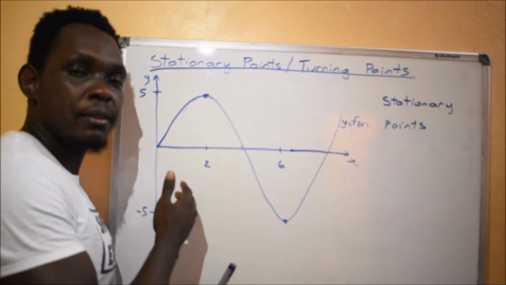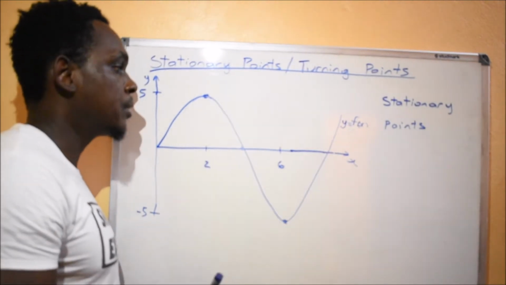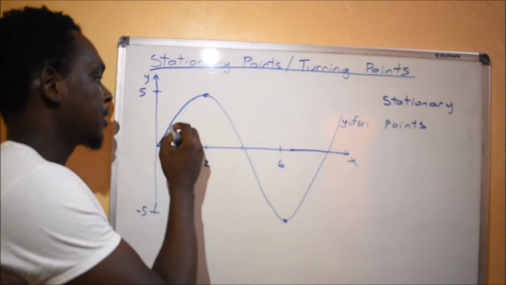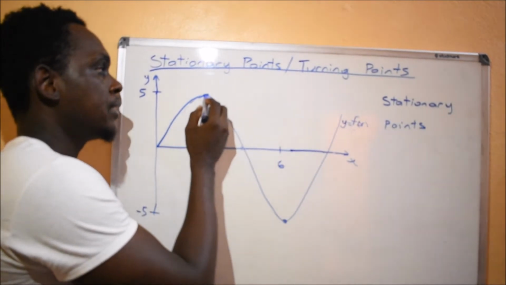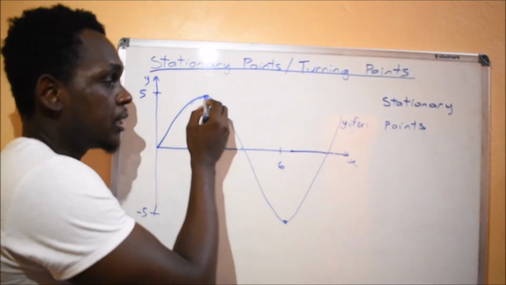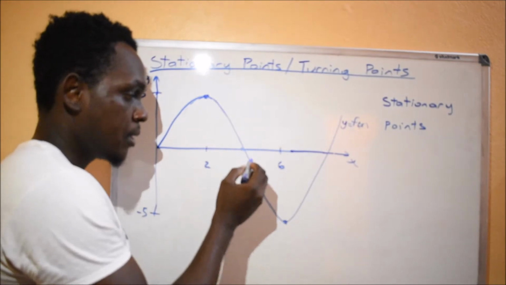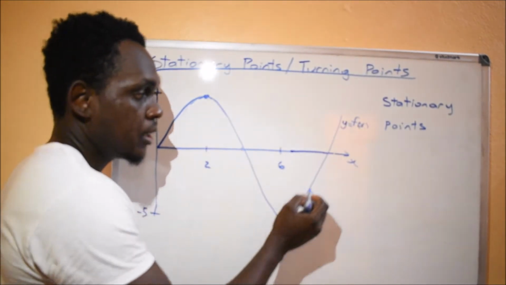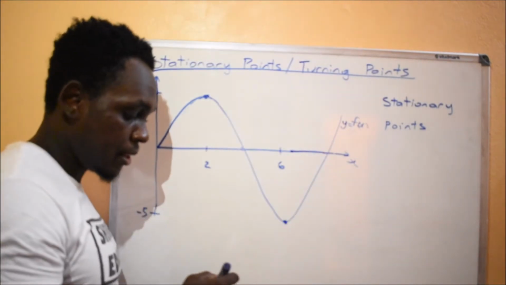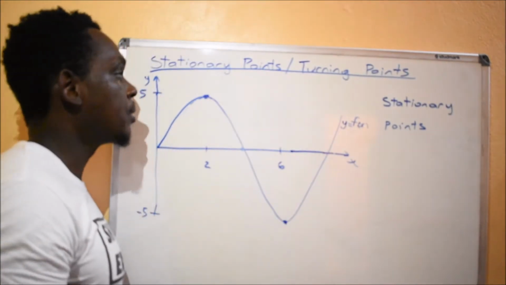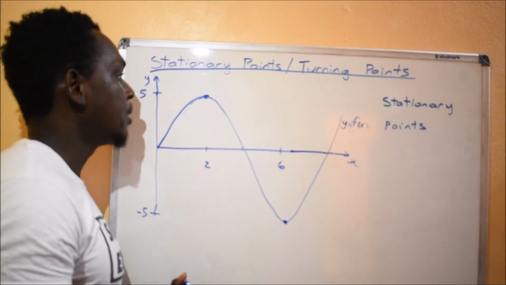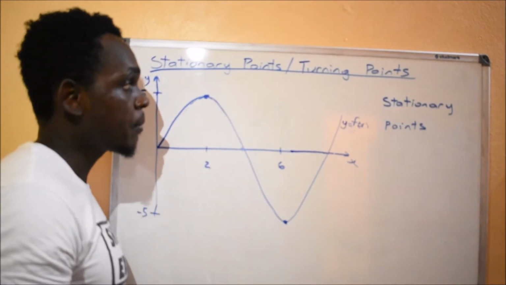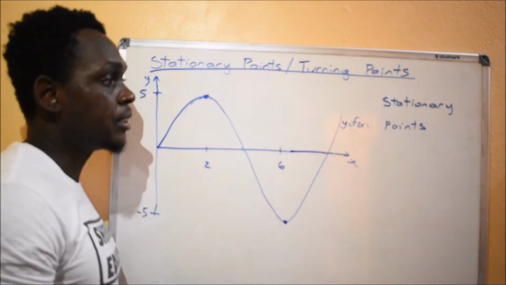Now, if you observe this curve, you will realize that as the curve goes up, when it reaches this point, it starts going down. As it goes down, when it reaches this point, it goes up. So at these 2 points, our graph turns. Now, these are called turning points or stationary points.